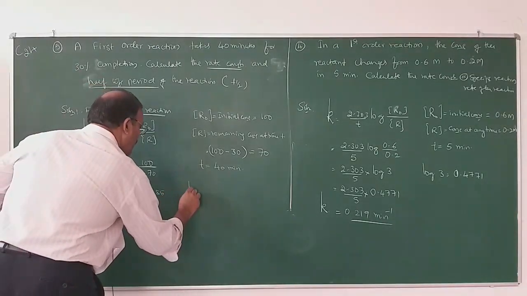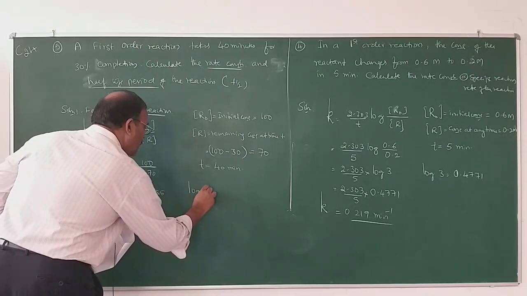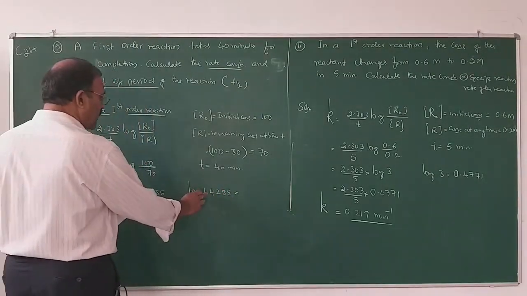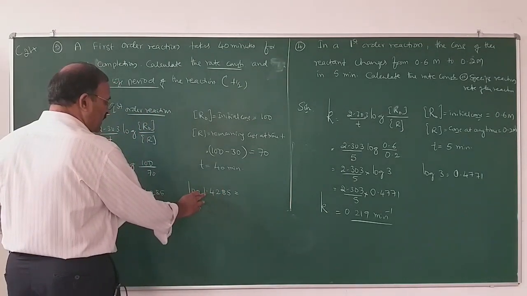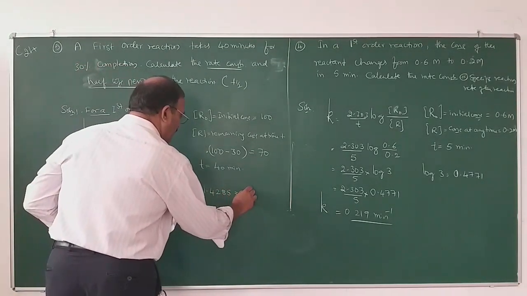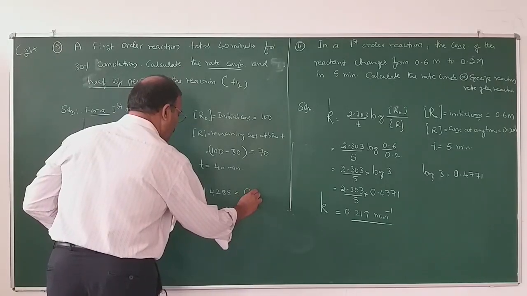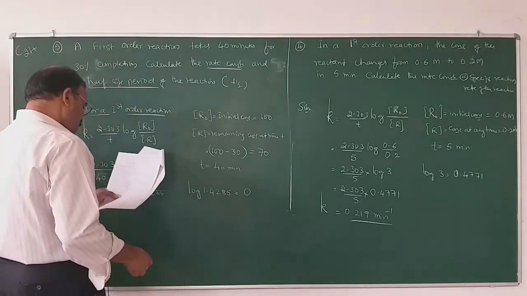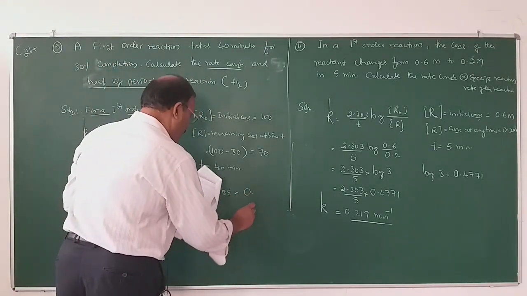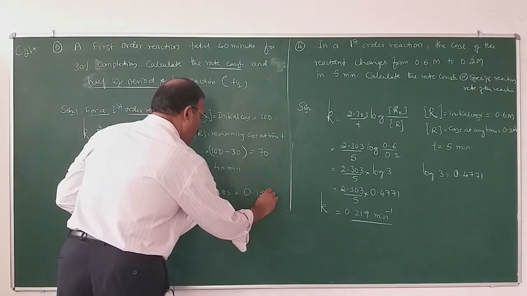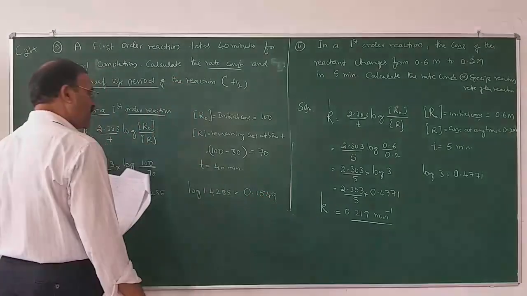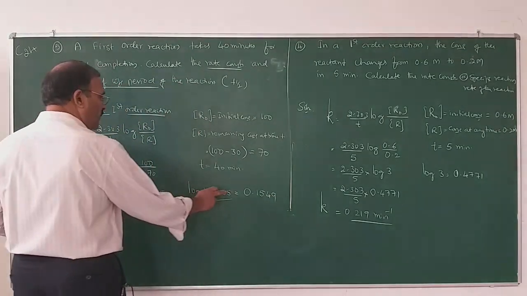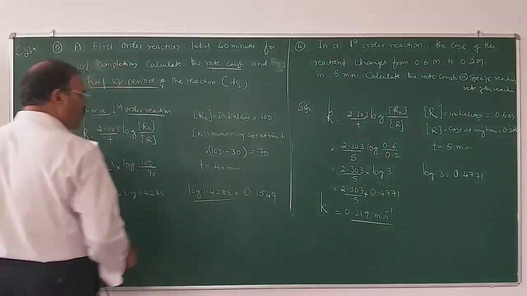1.4285. Now the value of logarithm of 1.4285 equals, so here before the point there is a single digit, so the characteristic is 0. Looking up logarithm of 14 2 8, you will have the value 0.1549. So the value of logarithm of 1.4285 equals 0.1549.